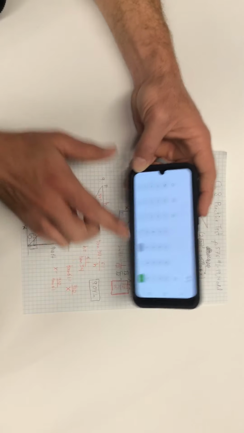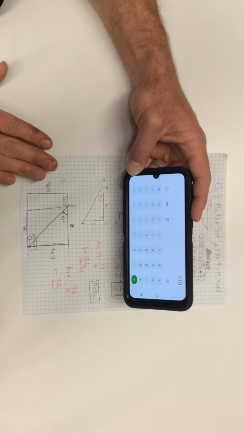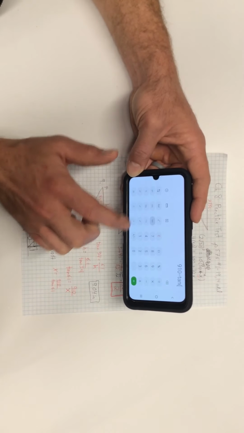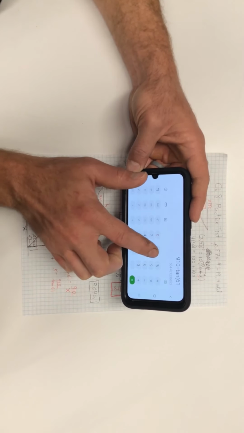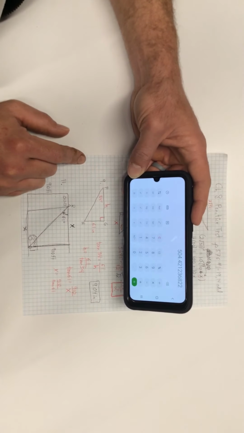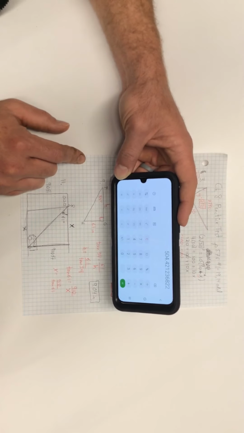So being neat, notice I'm trying to model neatness here, and cam scanning working can get you some extra points on these quizzes and tests. All right, 910 divided by tangent 61, 504.4. We are rounding in the problem to the nearest foot, so we're going to just round that off to 504 feet.